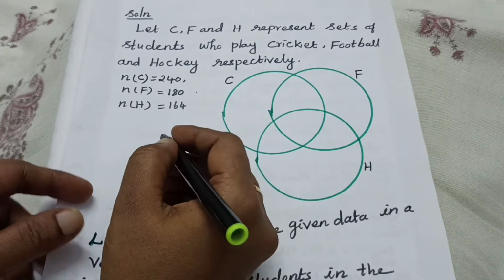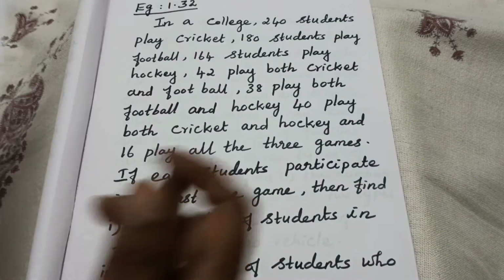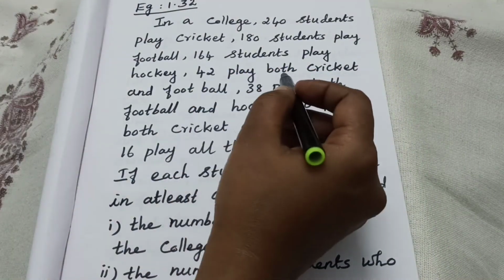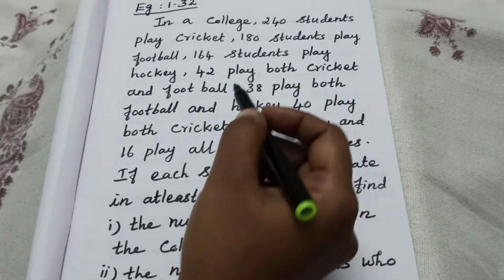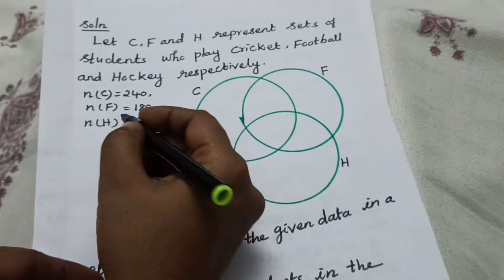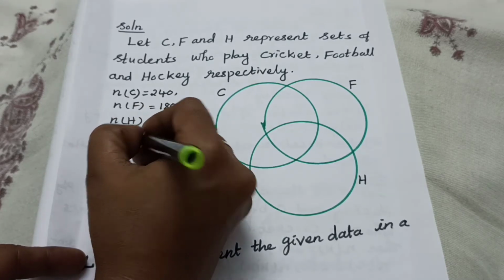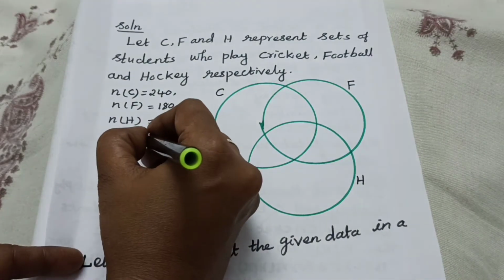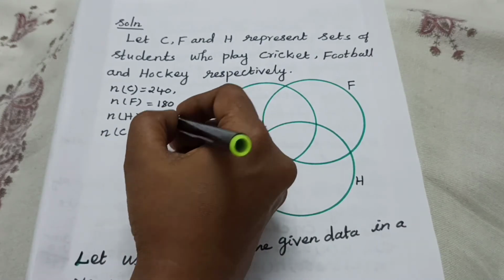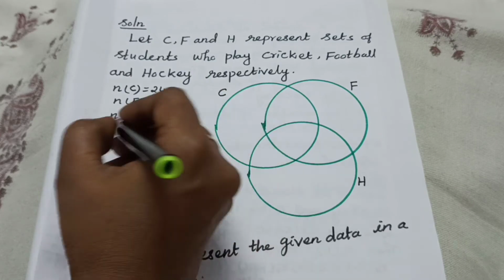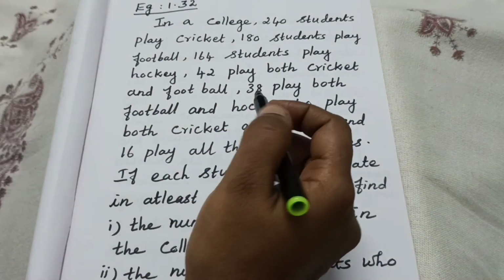Afterwards, what is given? 42 play both cricket and football, so n of C intersection F is equal to 42.